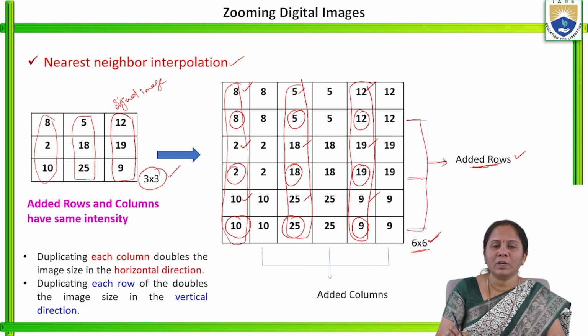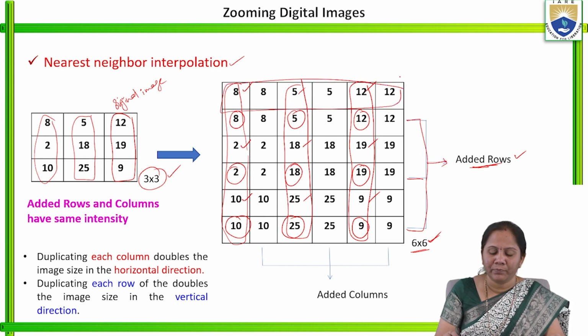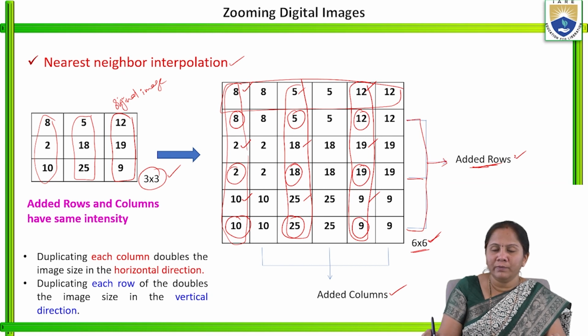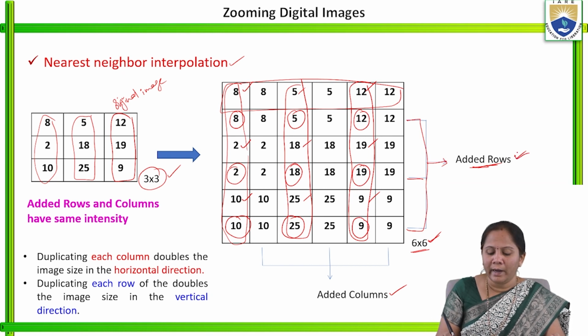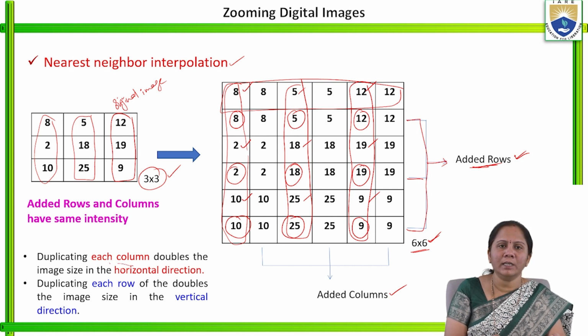Similarly, here we have considered according to columns. We can also consider according to rows. So these are the added columns and added rows, that is duplicate rows and duplicate columns, that are being added in order to increase the size of the image. If you duplicate each column, the size of the image will be increased in the horizontal direction.